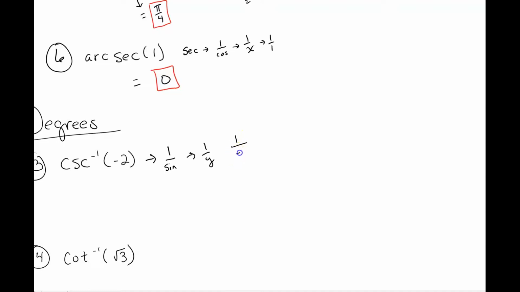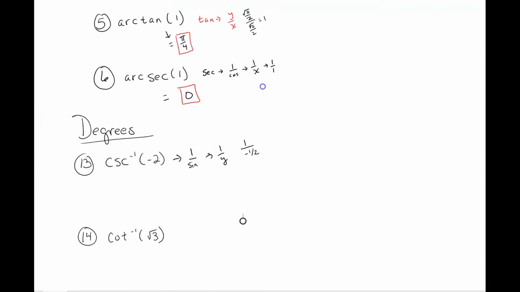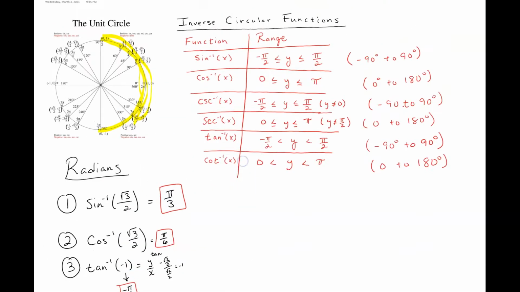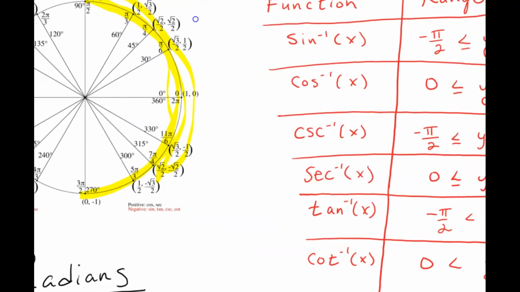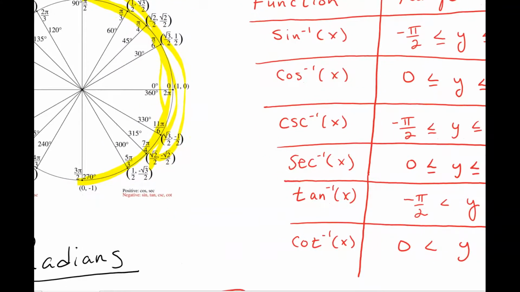Well, that would have to have been -1/2, because the reciprocal of -1/2 is, you guessed it, -2. So where does y equal -1/2 on that unit circle in this window of numbers that we're looking at? Well, the only place that happens is right here at 330, or 11 pi/6.